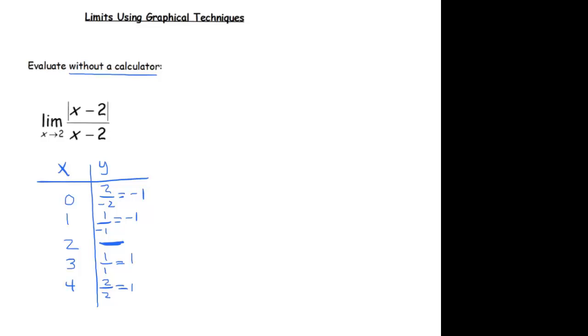So this is kind of interesting. It looks like we've got a behavior change in the function right at 2. If I plug in numbers less than 2, like 0 and 1, I'm getting negative 1. And if I plug in numbers bigger than 2, like 3 and 4, I'm getting a 1. So if we were to graph this, what would it look like?